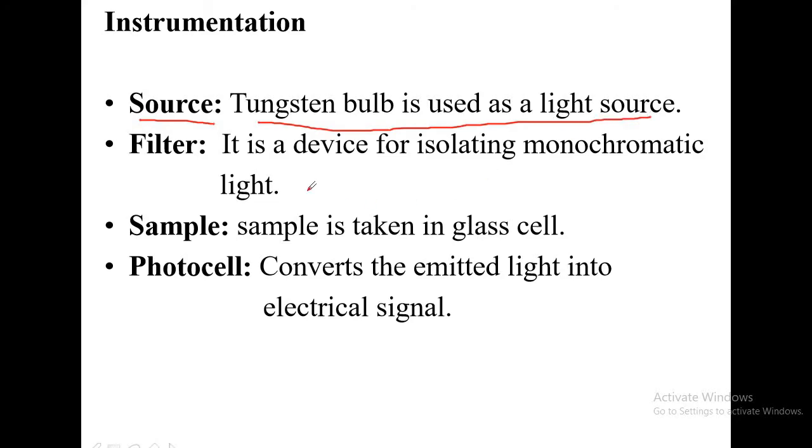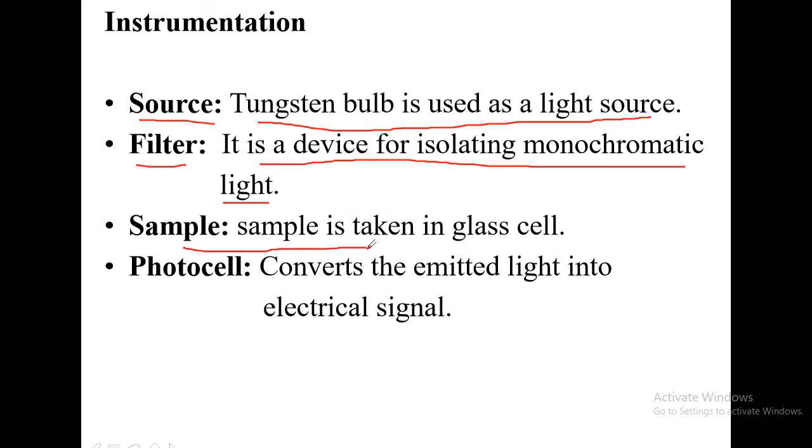Then we need a filter, because a light source is a mixture of wavelengths, and we need to isolate a particular wavelength, which is made to pass through the absorbing medium. A filter is a device for isolating monochromatic light from the visible light source.